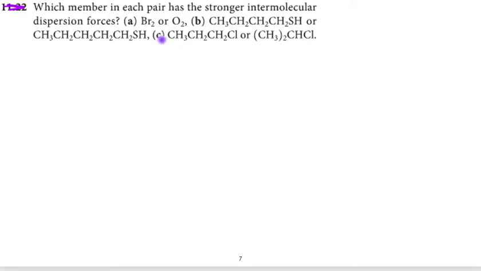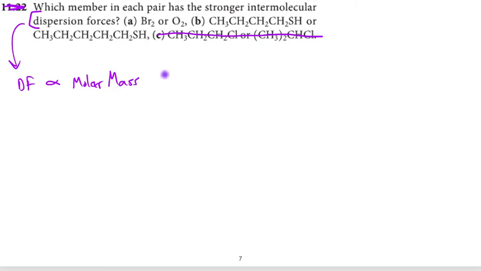One thing I'll say is, that type of problem we won't do. For us, if you look back at the discussion either in the first video of this set or in the lecture videos, one of the key features about dispersion forces is that dispersion forces are proportional to the molar mass of the molecule.